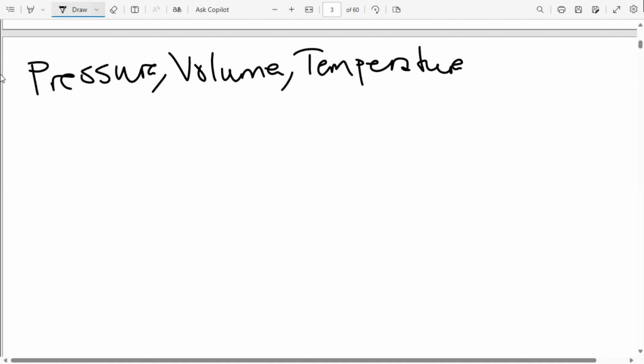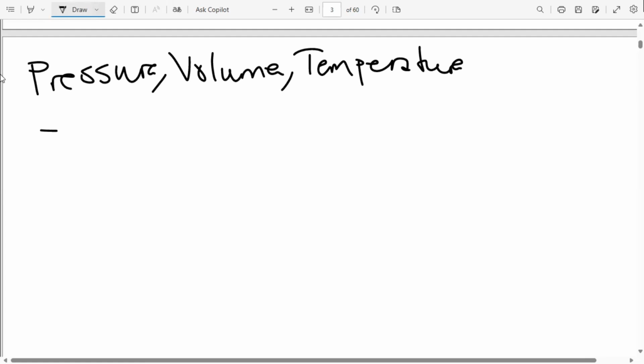So the ideal gas equation is primarily expressed in two different ways. One of the ways is in terms of the number of molecules, whilst the second way is expressed in terms of the number of moles.